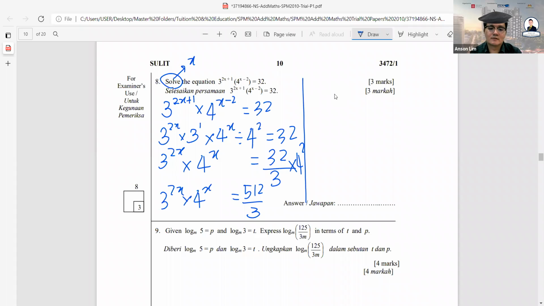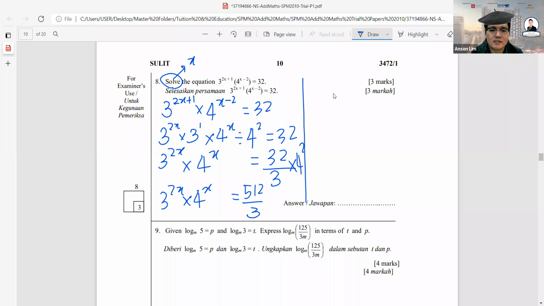Well, for this question, what should I do next? I need you all to see the next step carefully. 3 power 2x times 4 power x equals 512 over 3. You split them already and then you rearrange. Now 3 power 2x is 3x power 2, but you cannot combine them yet.